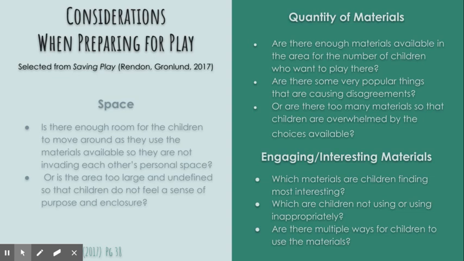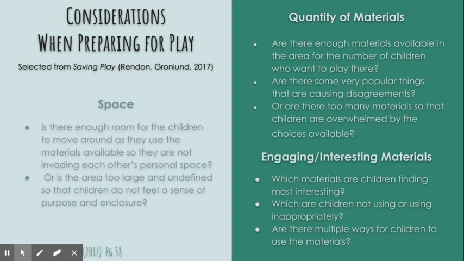Another consideration is, are there very popular things that are causing disagreements? For example, maybe the light blue airplane that the boys fight over every single day, even though there's a green one, a red one, and a purple one. Maybe you should put the blue one away for a while. Another thing to consider, are there too many materials? That was that puzzle example.